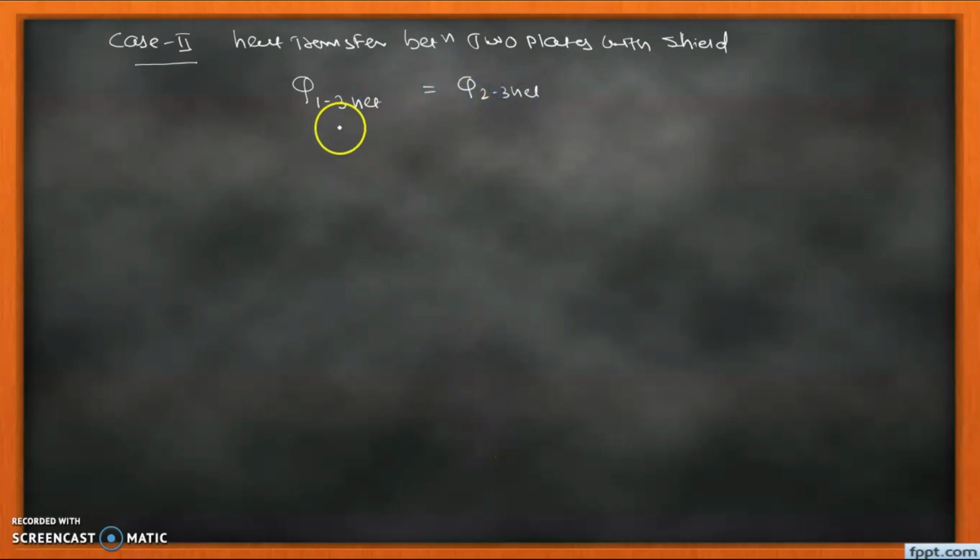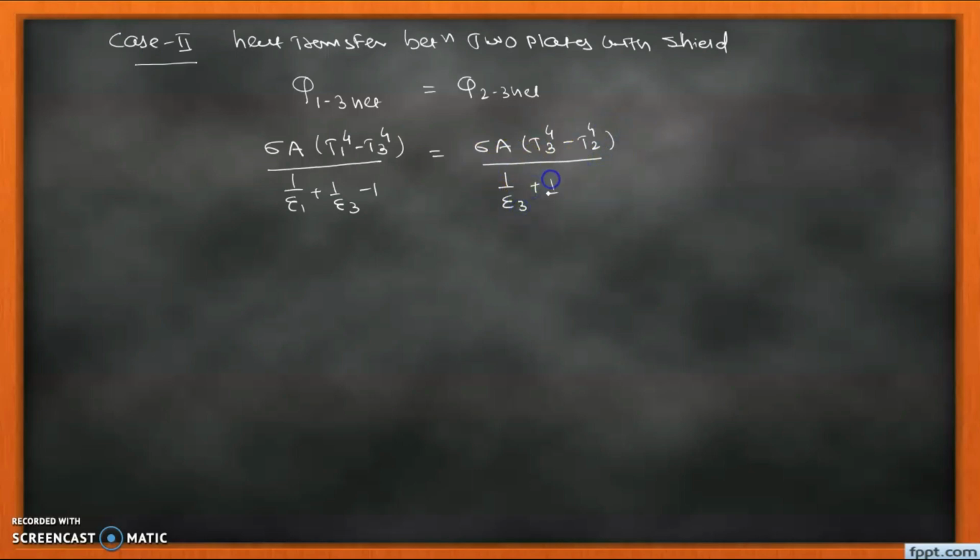So we apply the formula: sigma into A into (T1 to the power 4 minus T3 to the power 4) divided by (1 upon E1 plus 1 upon E3 minus 1), which equals sigma into A into (T3 to the power 4 minus T2 to the power 4) divided by (1 upon E3 plus 1 upon E2 minus 1).